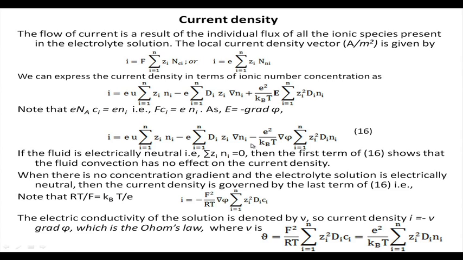In that case the current density can be written in terms of F square over R T. N I becomes E N A F C I, so this F C I will come out. This E by Kb T is F by R T. So, this becomes F square by R T, grad phi, Z I, D I, C I, Z I square of course.